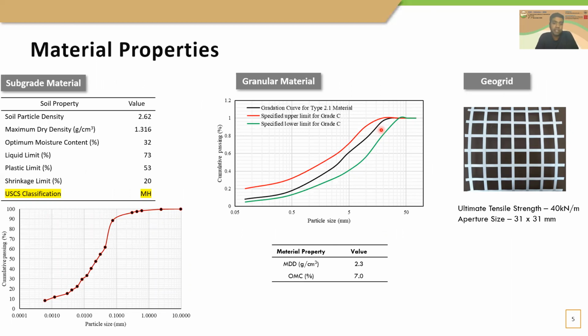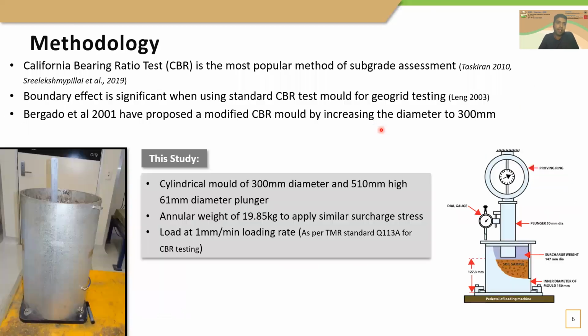And these are the properties: the maximum dry density and the optimum moisture content. As the geogrid, we used a biaxial geogrid with 40 kilonewton per meter tensile strength in the machine direction and cross machine direction. We use the CBR test method because that is one of the famous methods for assessing subgrade bearing capacity.